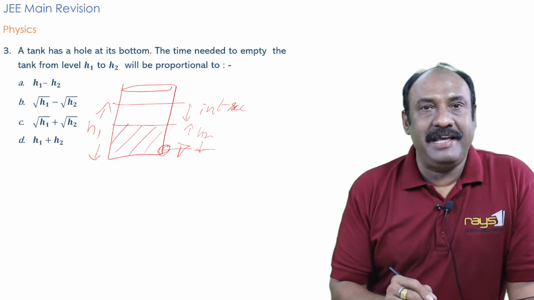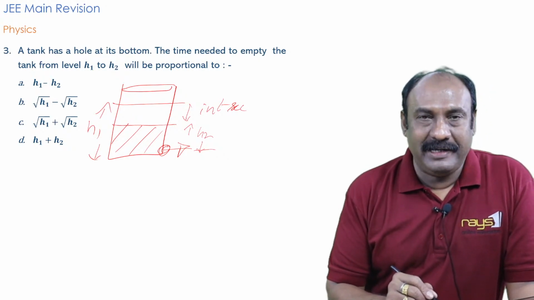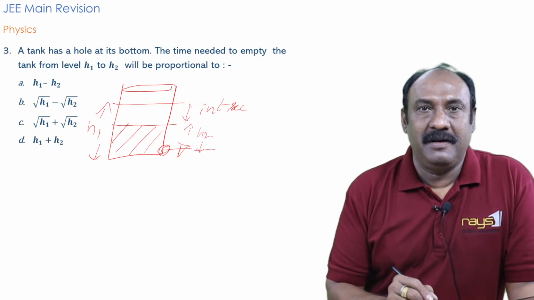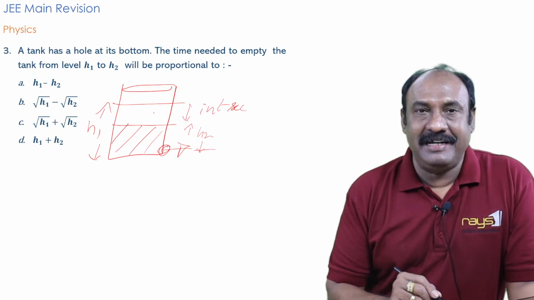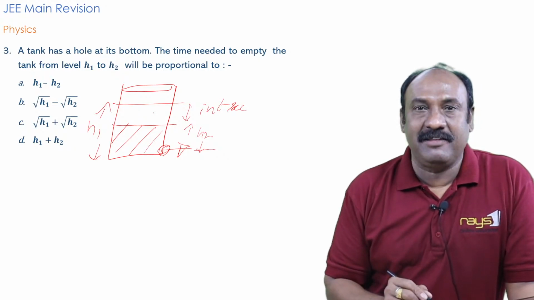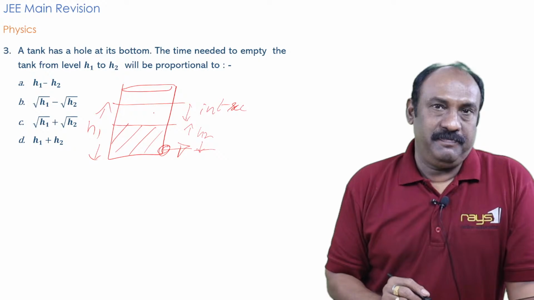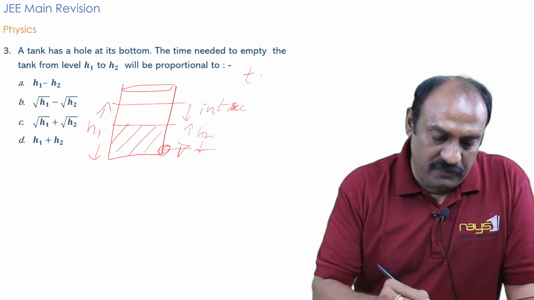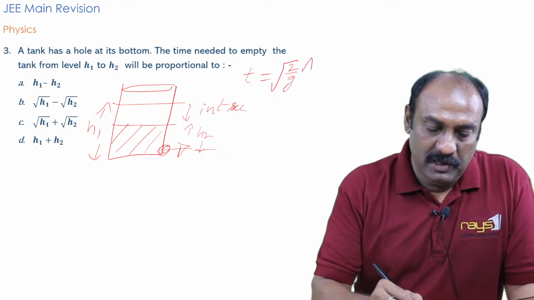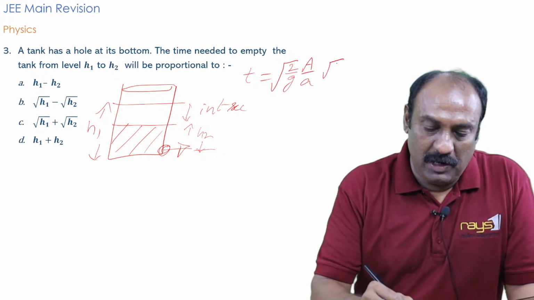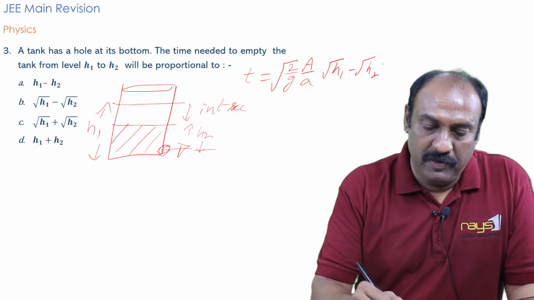So the time taken for the level of the water in a cylindrical container to drop from H1 to H2, when a small hole is made at its bottom, is T equals square root of 2 by g into A by small a into root of H1 minus root of H2.